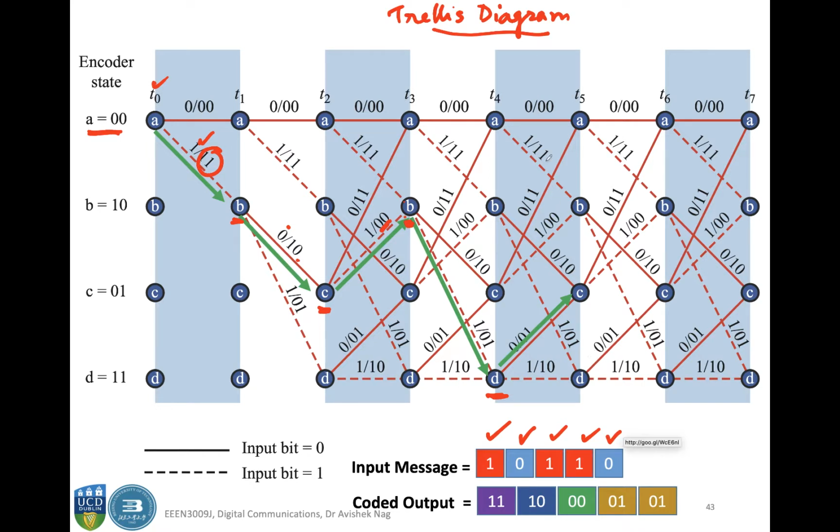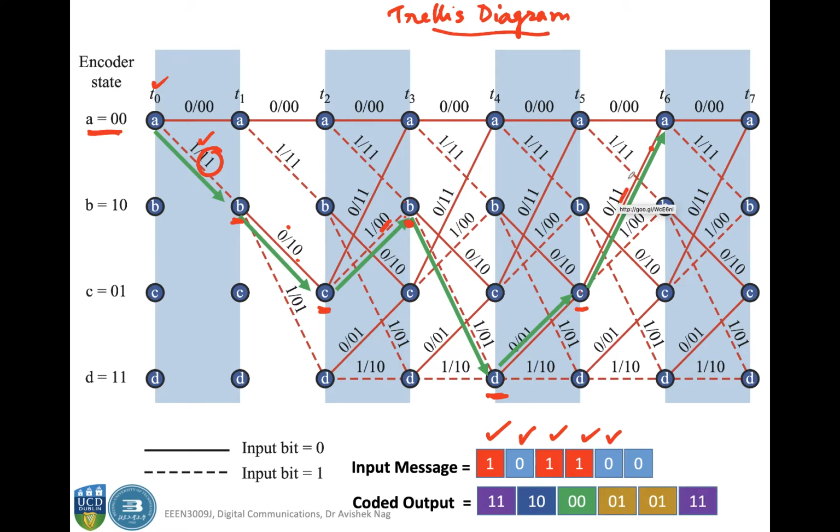Now at t equal to t5 you are at state C here, and let's say your input message is now 0. So if your input is 0, then from here the path that you can follow is this path. That's exactly what you are doing, and the output will be 11.